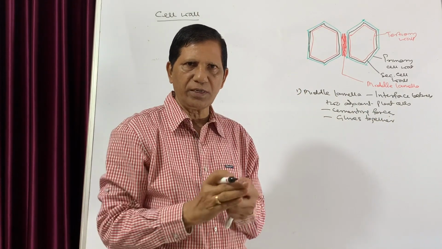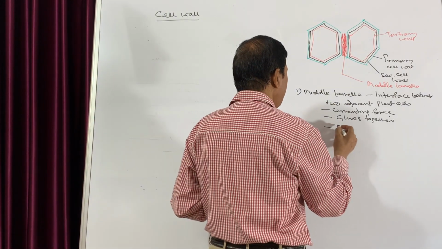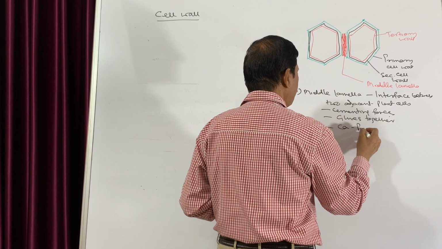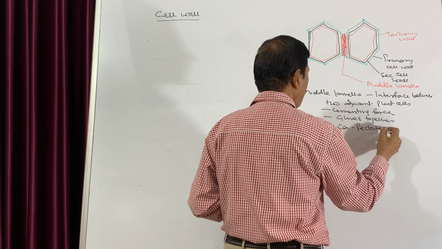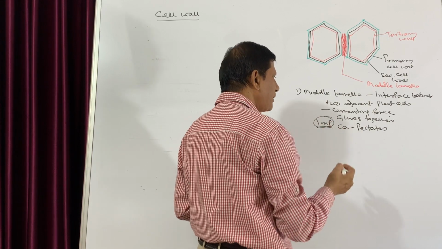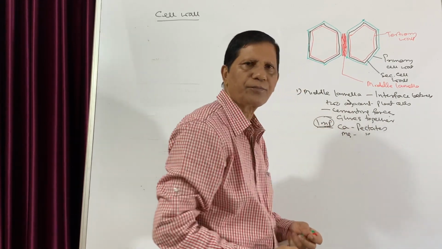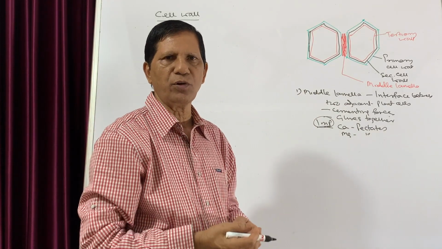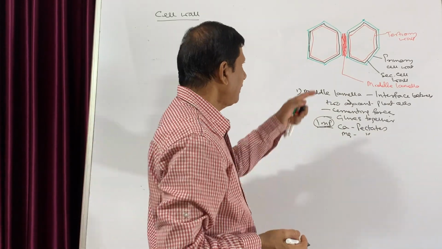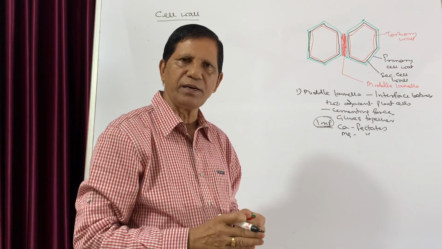It acts like a cementing force, and usually it is made up of calcium pectates. This is very important from the examination point of view. Calcium pectates. And sometimes you may also get magnesium pectates, but calcium pectate is usually more in number. And this middle lamella is usually formed when cytokinesis takes place during cell division.